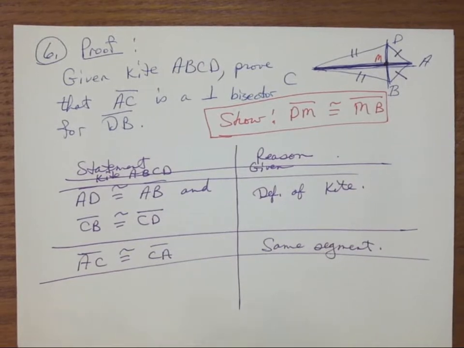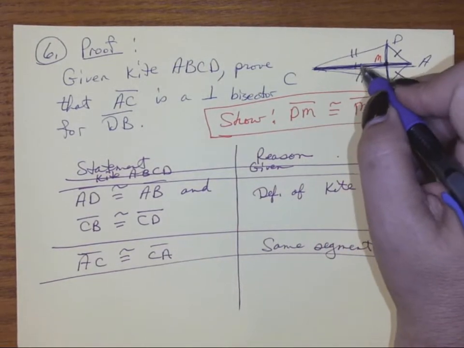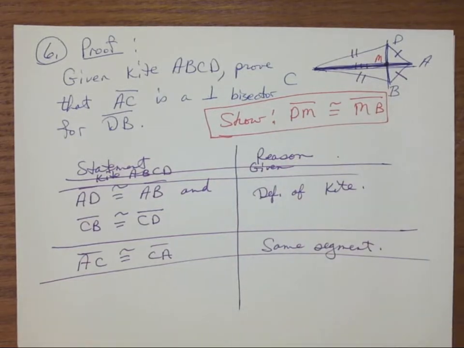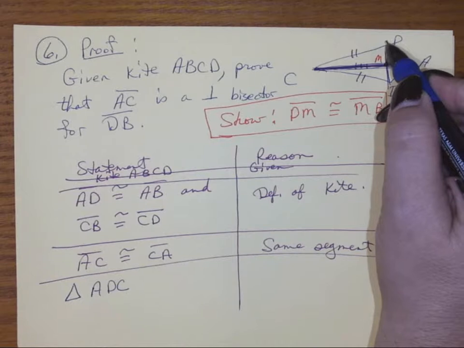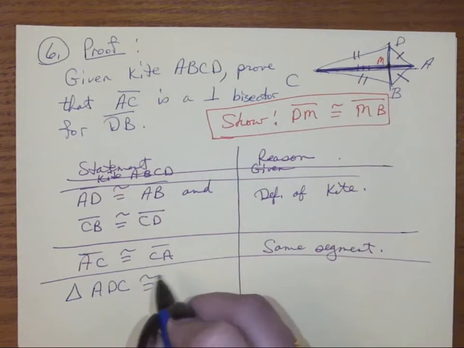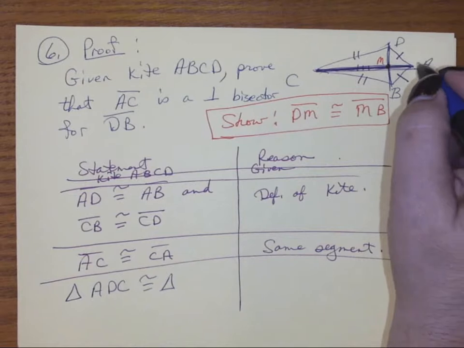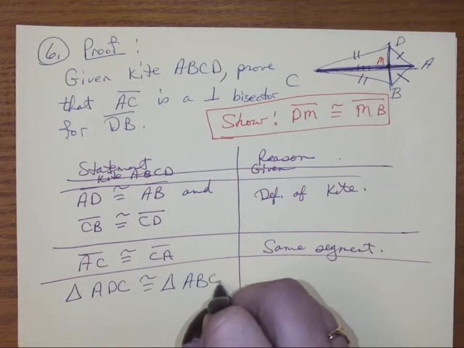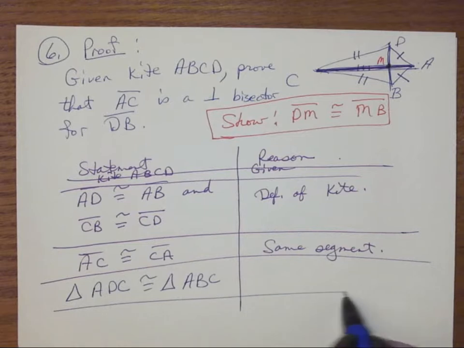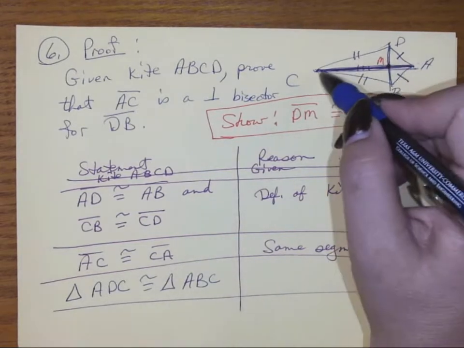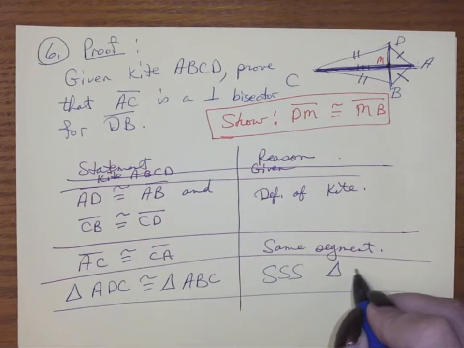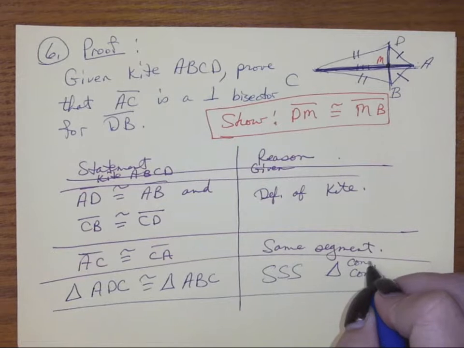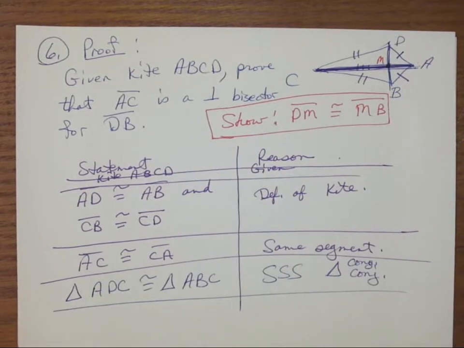So if I put 3 hash marks on that diagonal down the middle, then what I know is that triangle ADC is congruent to triangle ABC. The reason I know that is because I've got side, side, side. So side, side, side, triangle congruency conjecture.